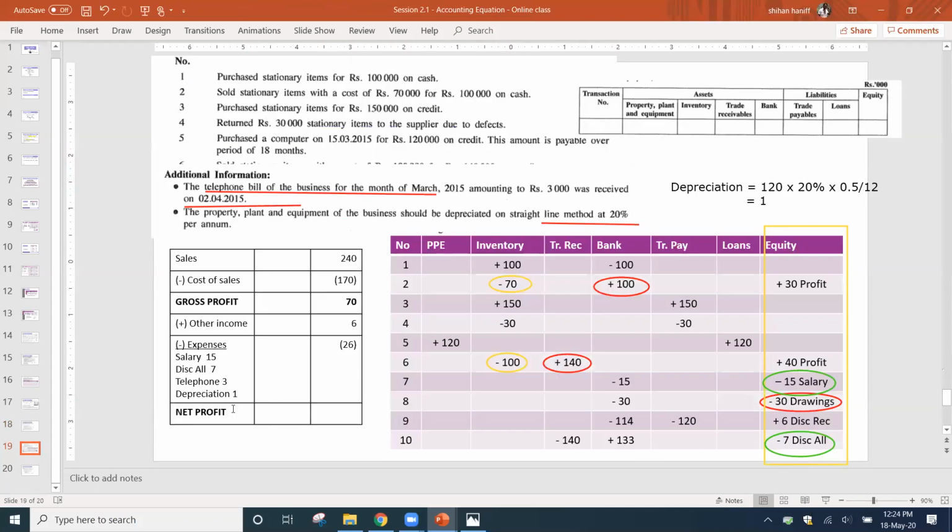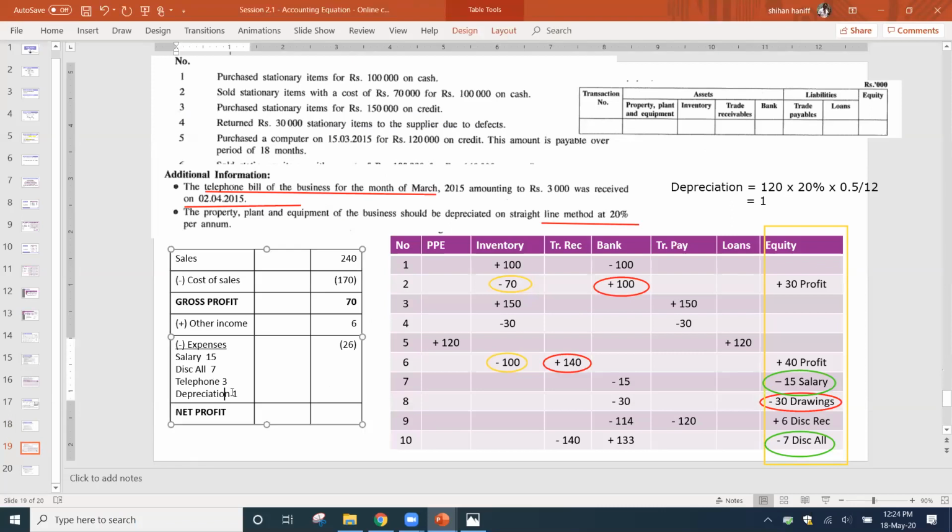The owner has also bought a furniture worth of 60,000. Depreciation of computer, depreciation of furniture.